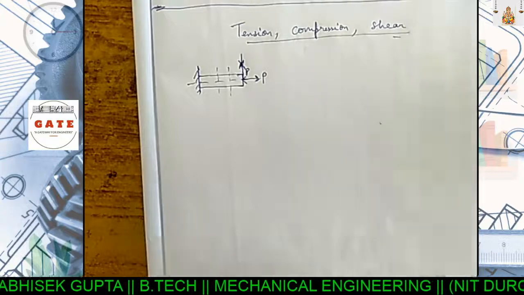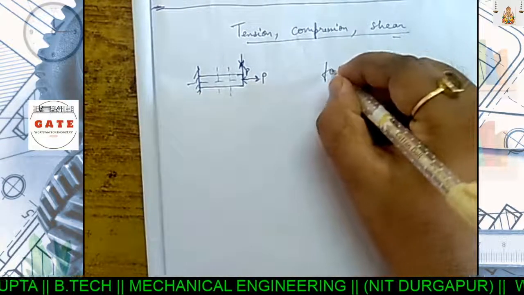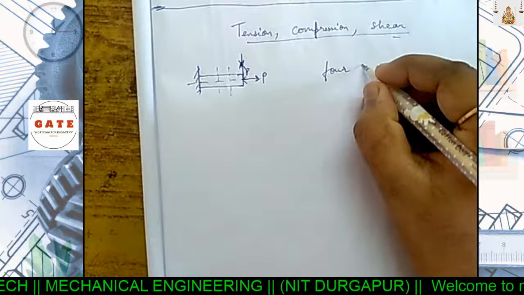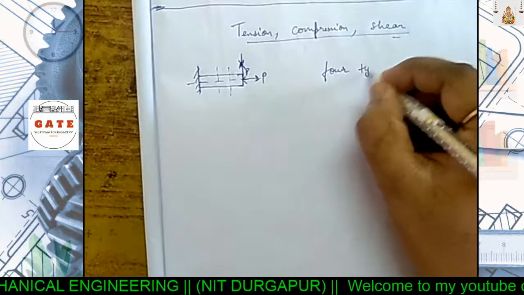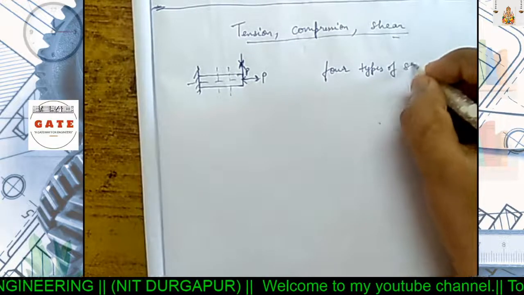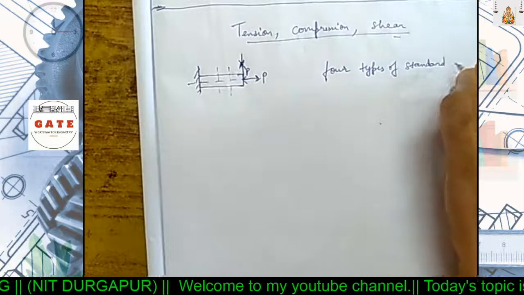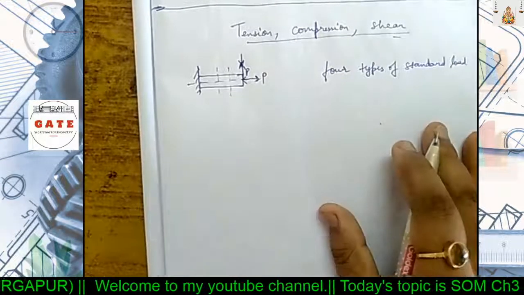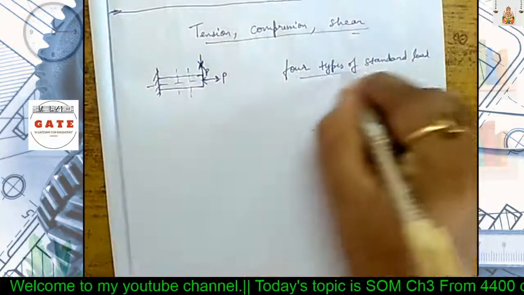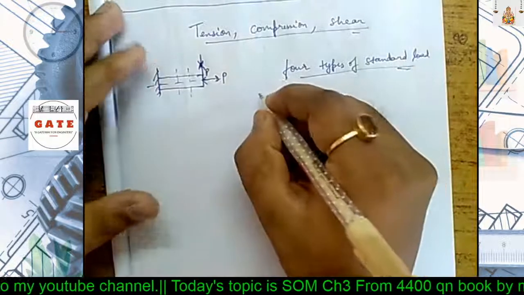Okay, so there are basically four types of standard load, which come into picture everywhere. What are they?